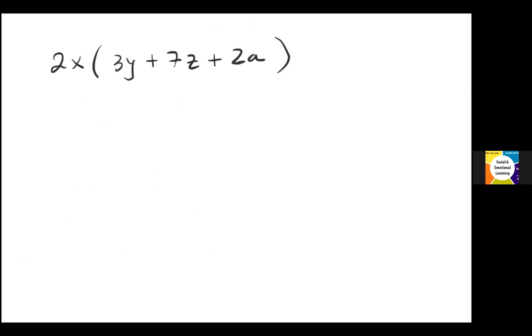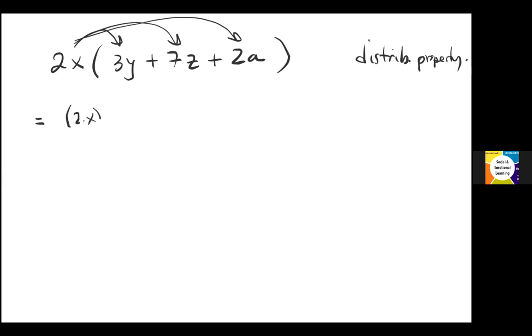And if we go to distribute this using the distributive property, that means I've got to distribute this 2x into everything that's in there. So multiplying this out, we're going to get 2x times 3y plus 2x times 7z plus 2x times 2a.